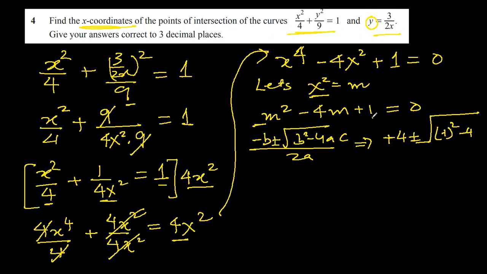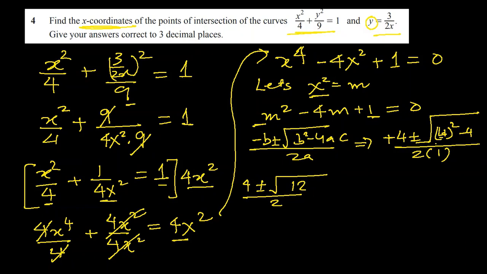This has a 1 and b, c is also 1, so I will write 1 only. Divided by 2a, 2 times 1. So 4 plus minus square root 16 minus 4, 12 over 2.